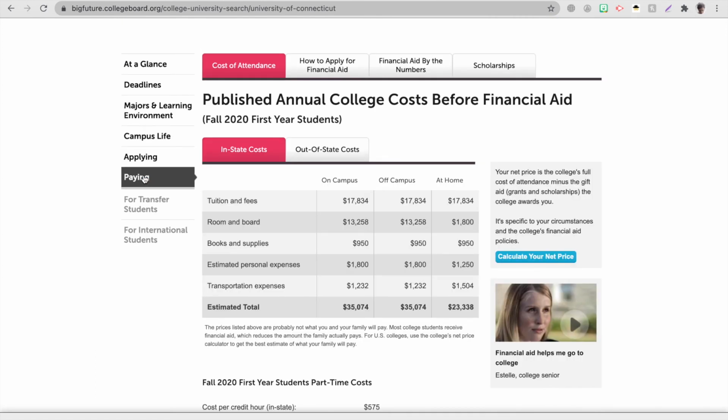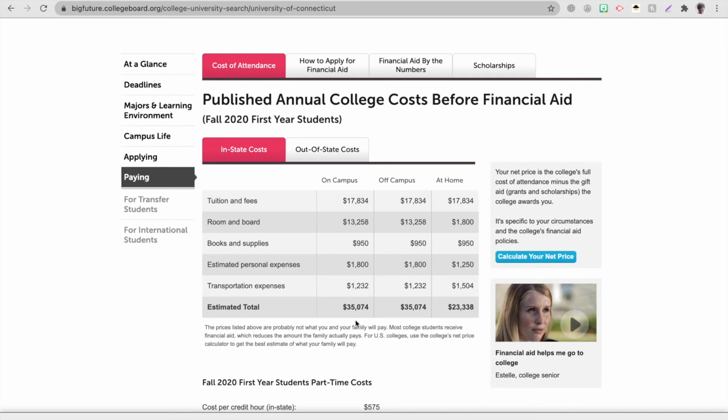Then one of the questions asks, how much does your college cost? So you might see an in-state tab and an out-of-state tab. If the college is in the state you currently live, like UConn is in Connecticut, then you would look at the in-state tab. If you're looking at a school that's not in Connecticut, you would look at the out-of-state tab, and you'll notice there's a pretty big difference for UConn. Out-of-state is over $57,000, where in-state is $35,000. Some schools will have big differences, some won't.